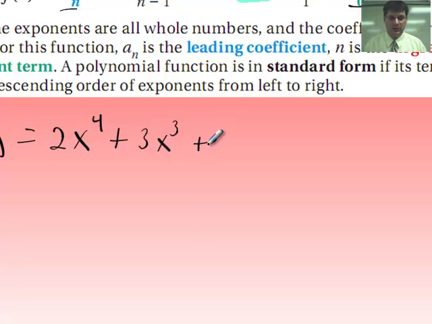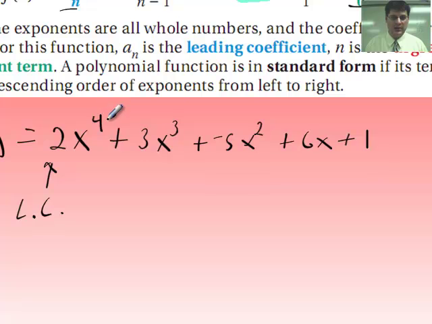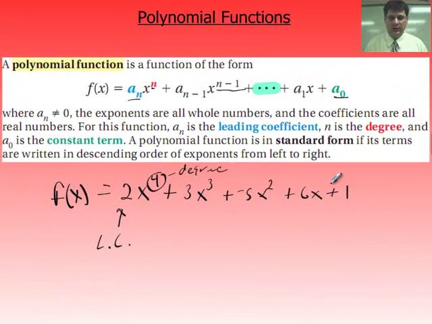And then the next one is, let's say, negative 5, and then n minus 2, so this would be 2, and then let's say 6, and then n minus 3, so that's just going to be x, and then we'd have some sort of constant, like plus 1. This would be the leading coefficient, which I'll abbreviate as LC, and this represents the degree. And the 1 is my constant.